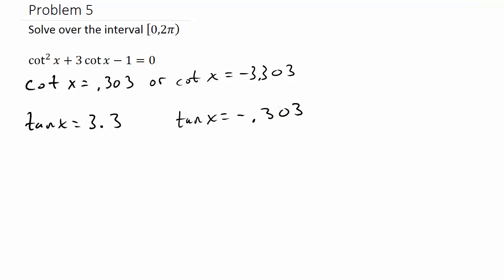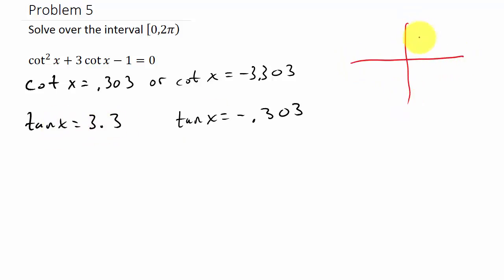Alright, so now let's look at them and just solve each one of them separately. I'm finding all the solutions from 0 to 2 pi, and here I have tangent x equals positive 3.3. I'm just concentrating on this one right now.